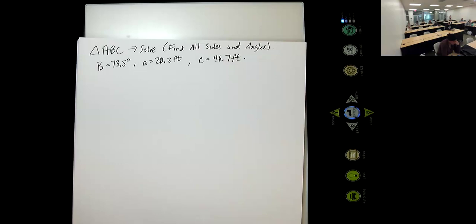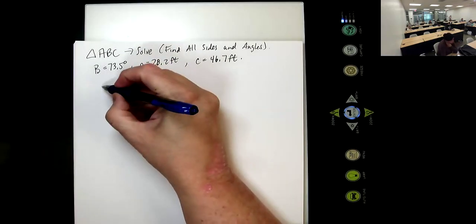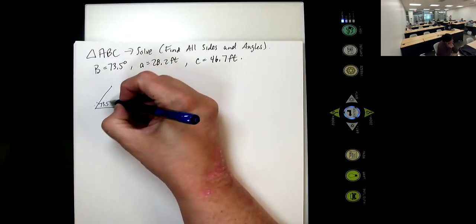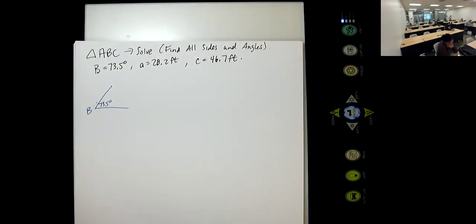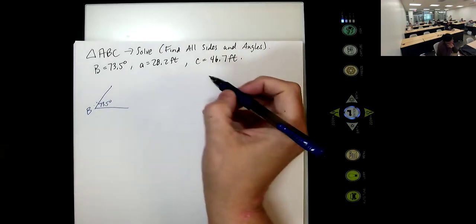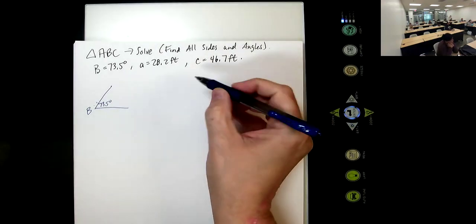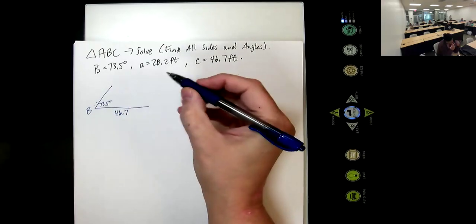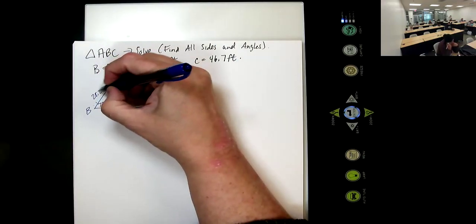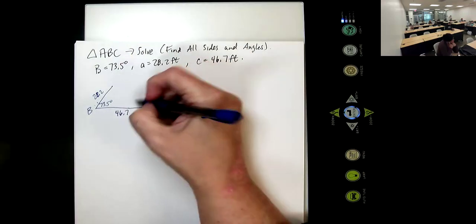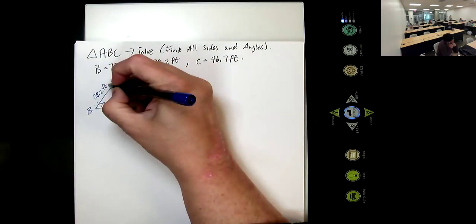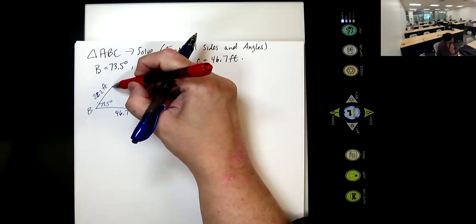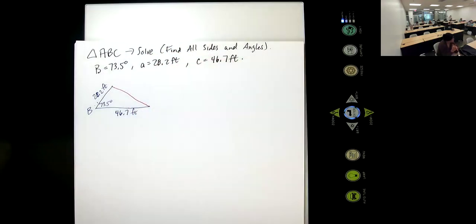So if I were going off of this angle, that would be 73.5 degrees, so I'll call this B. Since the way I drew this, I'm gonna make the longer side on bottom, the 46.7, and that'll be the 28.2, and these are in feet. The 46.7 kind of looks like more than double the other one, but either way, the long side looks longer than the short side.